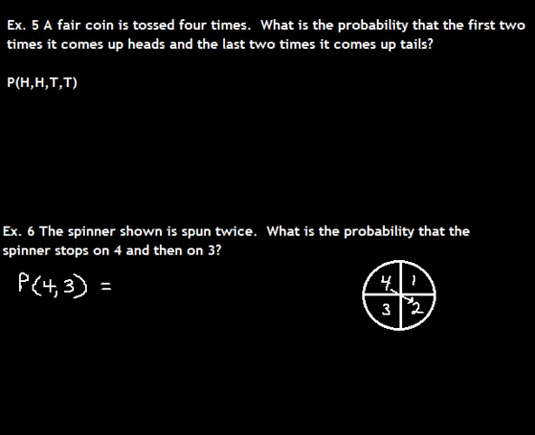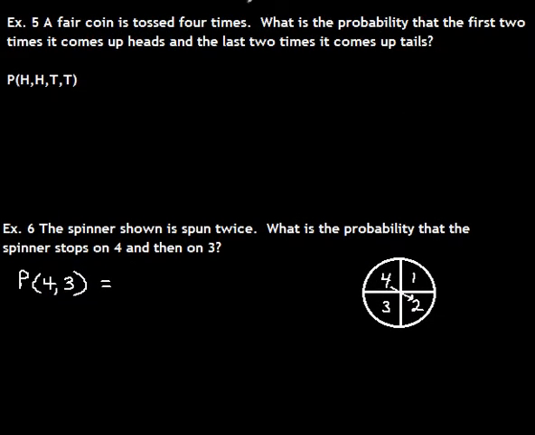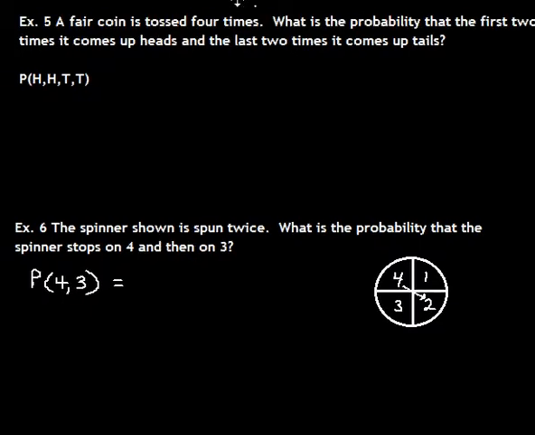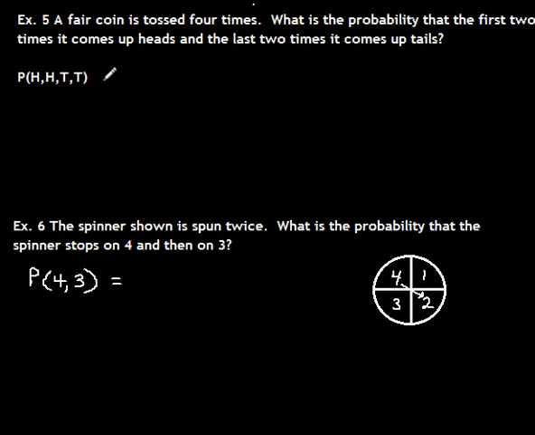A fair coin is tossed 4 times. What is the probability that the first two times it comes up head and the last 2 times it comes up tail? Well, we know the probability of a head times the probability of a head times the probability of a tail times the probability of a tail.